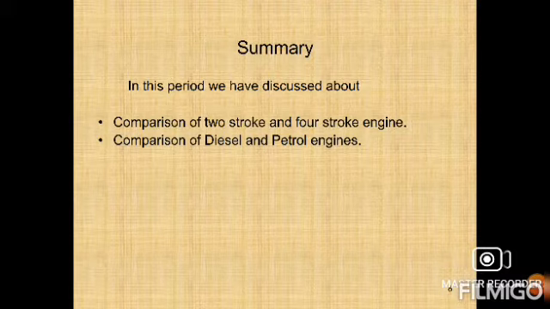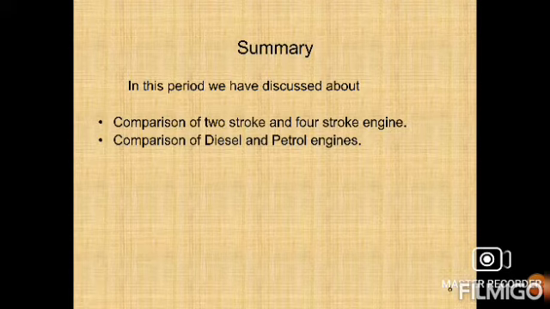And next one, the charge. In two stroke engines, the charge first enters the crankcase, and therefore the crankcase is made gas tight. In four stroke engines, the charge is directly admitted into the engine cylinder, right? So that is one more difference.